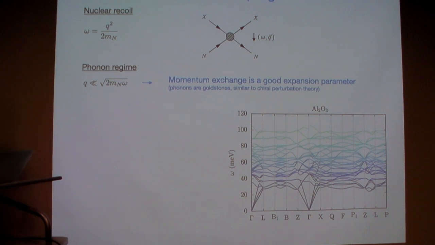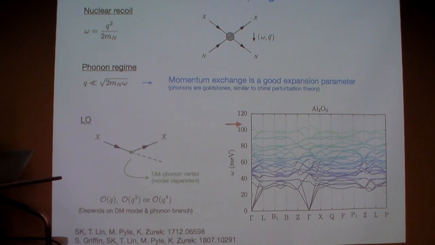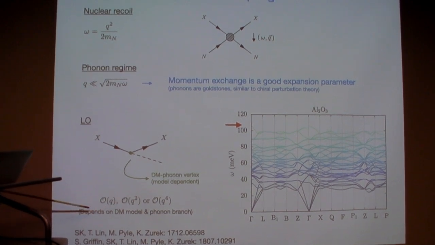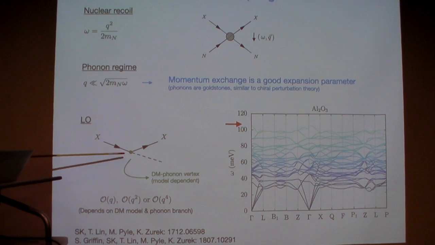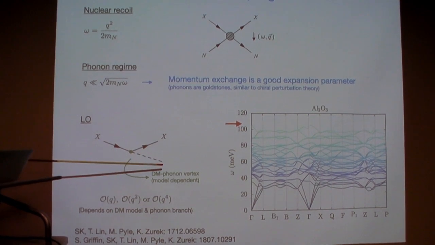And it's a little analogous to chiral perturbation theory, although there are some important caveats that make that not a fully valid analogy. But roughly speaking, we can think about it that way. So to leading order, if you have very low momentum, so very low dark matter mass, you're just going to produce an individual single phonon.